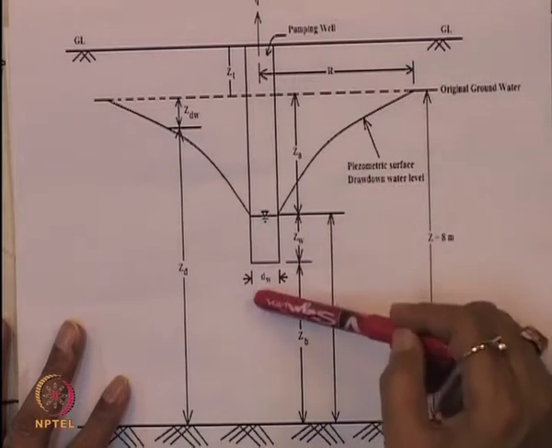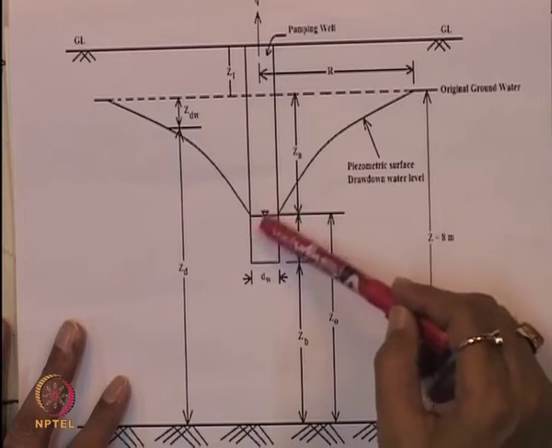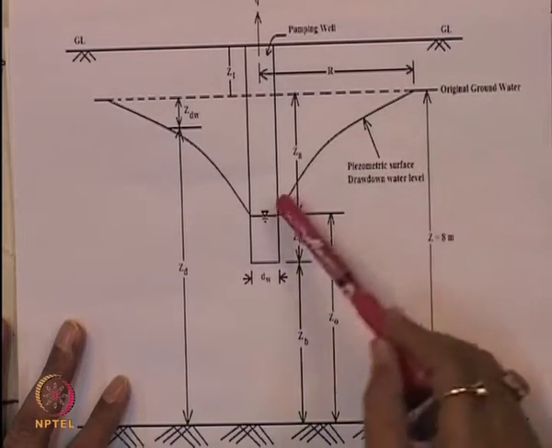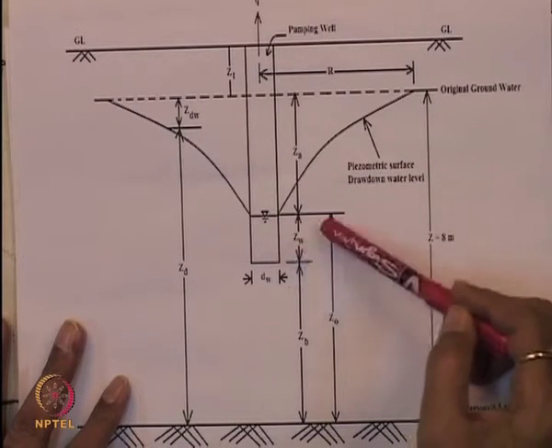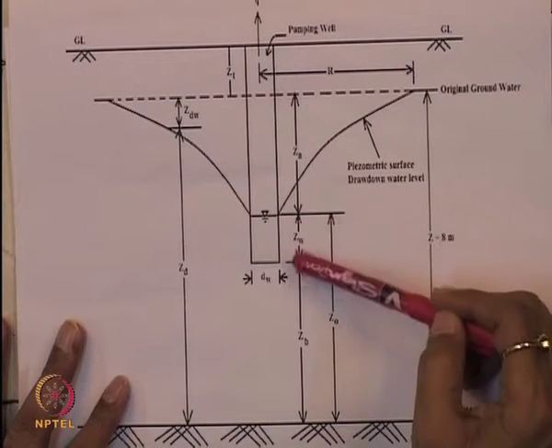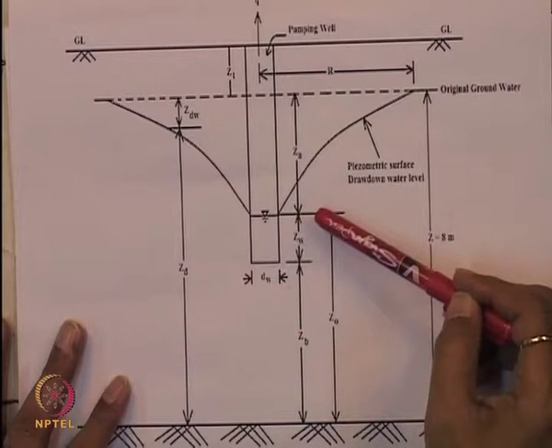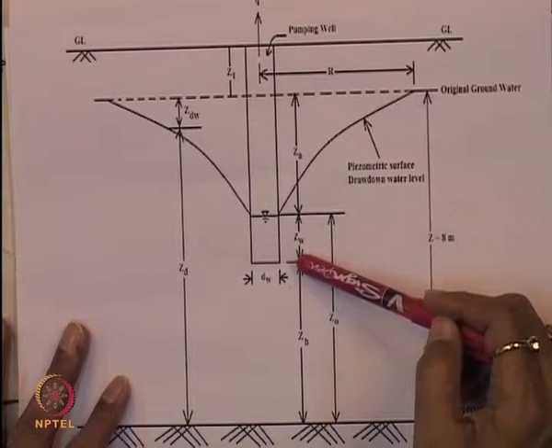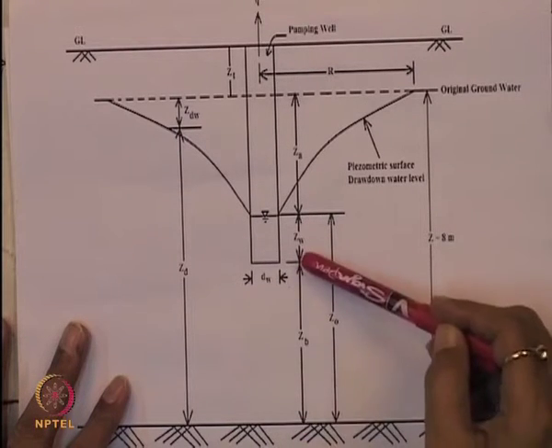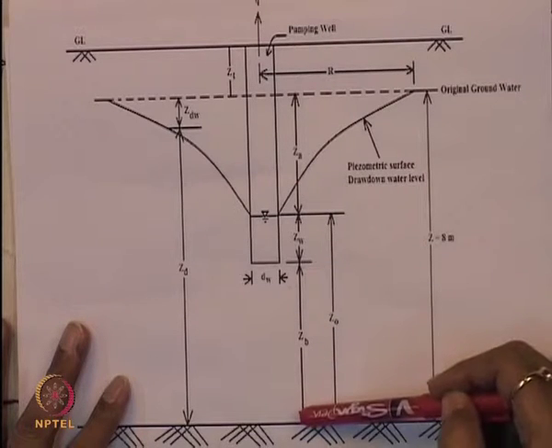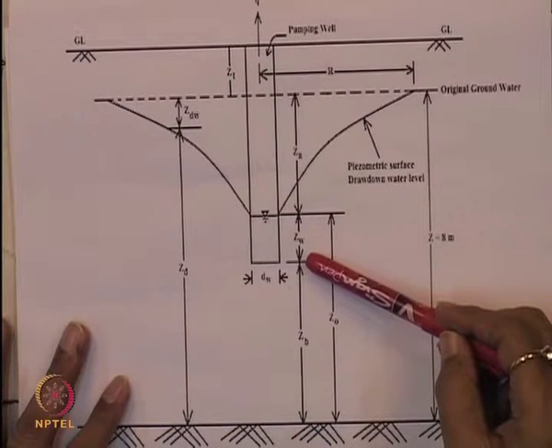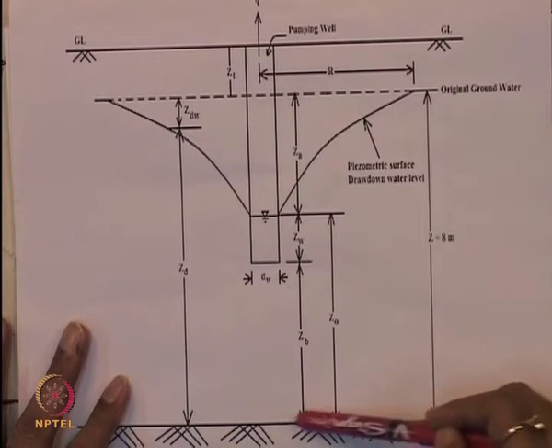When you are pumping, the water level comes into equilibrium at that stage, and then the prismatic surface drawdown curve occurs. Here this is the ZW. ZW is the depth of the water in the pumping well, and ZB is the distance between the drain bottom and the impervious layer.